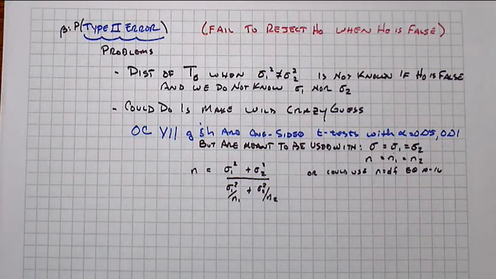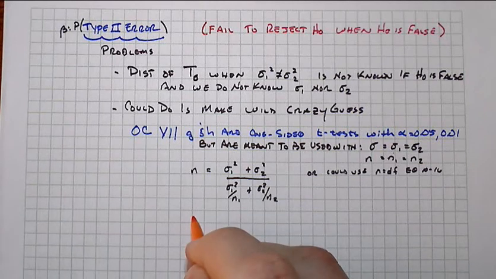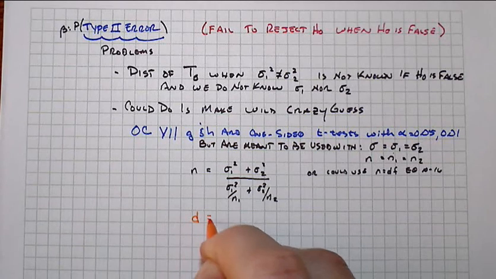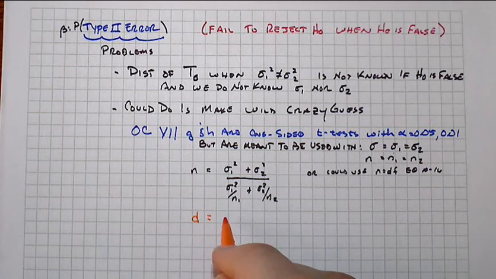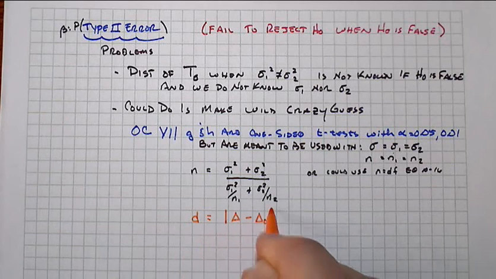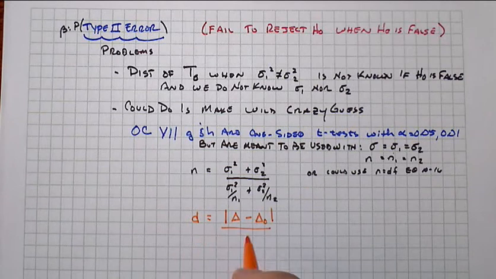Now remember, in the usage of our operating characteristic curves, in that sort of non-dimensional view that they have back there, this d that we're going to need is defined as the absolute value of delta minus delta naught divided by 2 sigma. Right?